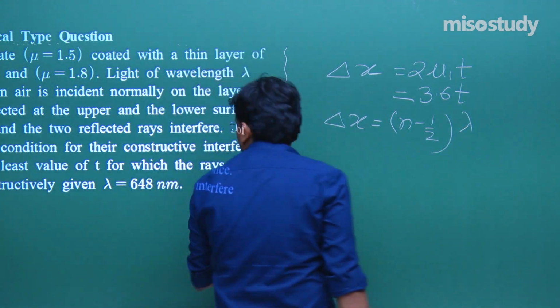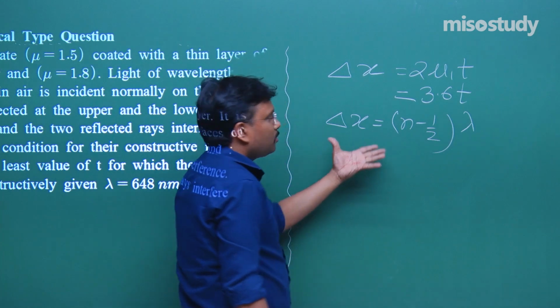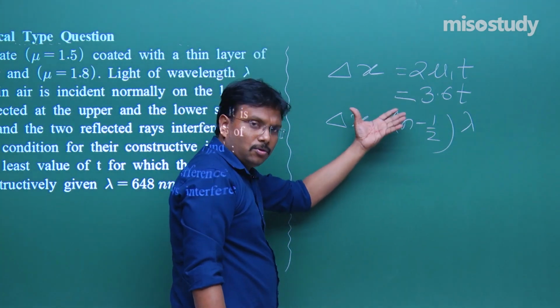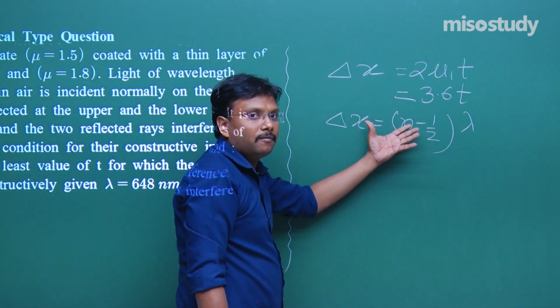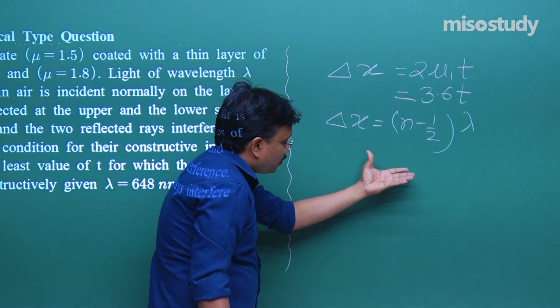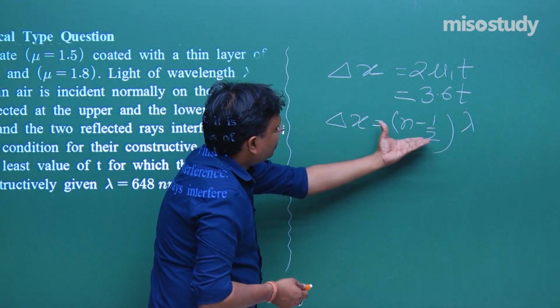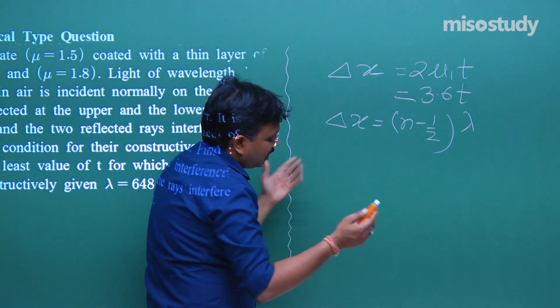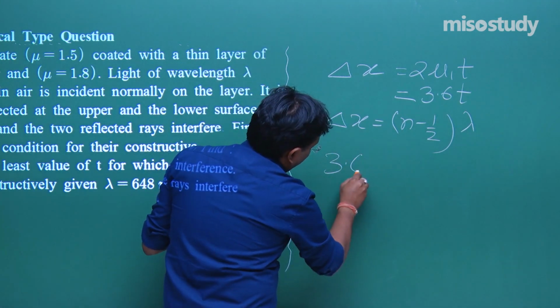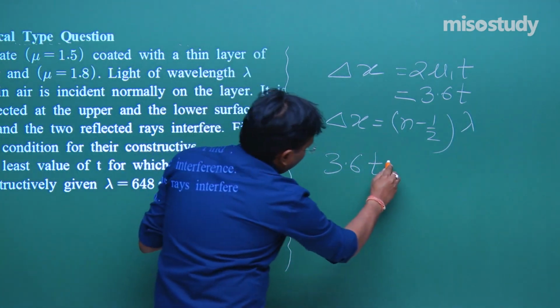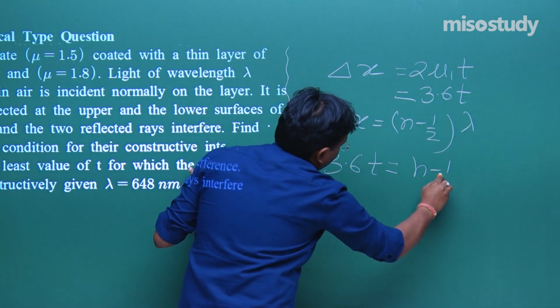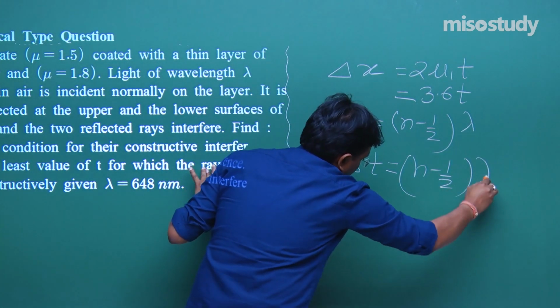That is basically your equation, fine. I am not going into those details because I know you can understand and solve them properly, because in the last 4 questions I utilized them. So very easily we can find out that 3.6 T is equal to (n minus 1/2) into lambda.